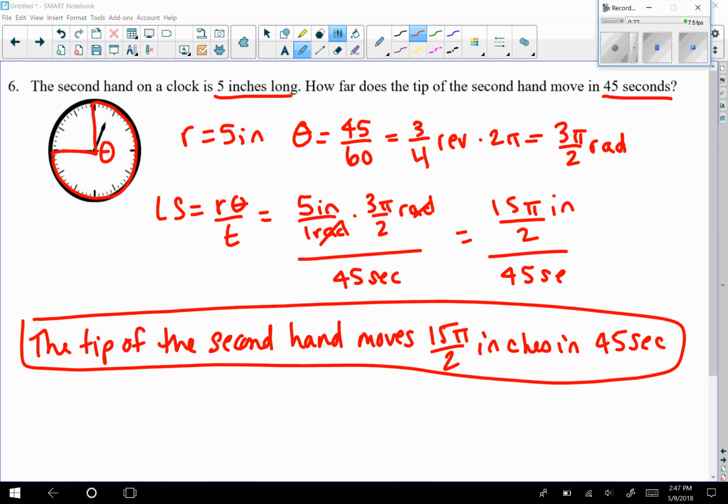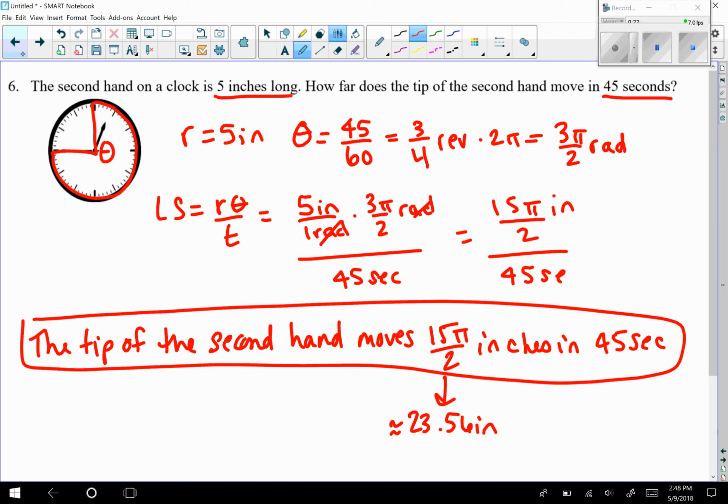So that means that the tip of the second hand moves 15 pi over 2 inches in 45 seconds, and 15 pi over 2 is actually about 23.56 inches in 45 seconds. And that's the conclusion to our linear and angular velocity.